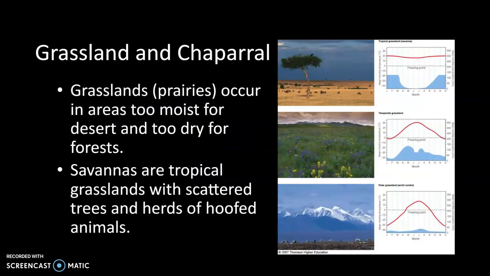Grasslands and Chaparral. Chaparral is like California. San Francisco, or Los Angeles, would be considered Chaparral. Sometimes it's called Mediterranean as well. So you can take a look at some of the different locations there where you're going to have, many times, a rainy season, and then the rest of the year just doesn't have much at all.